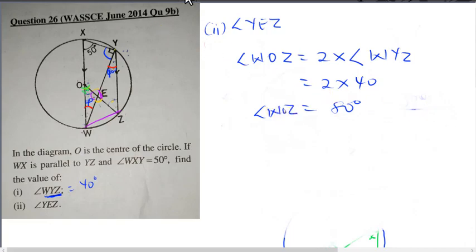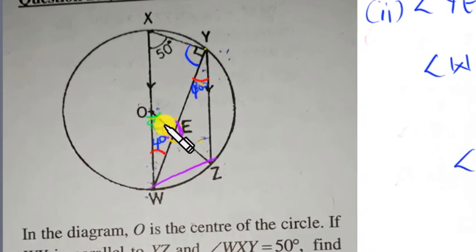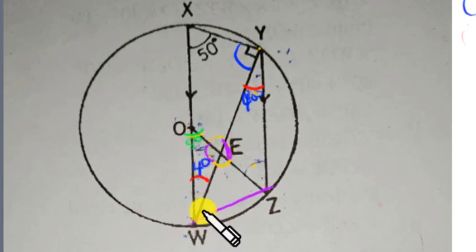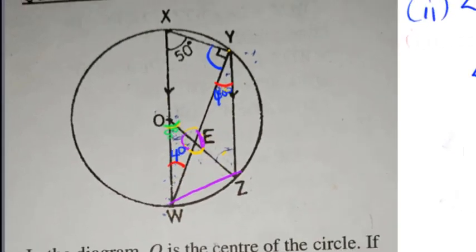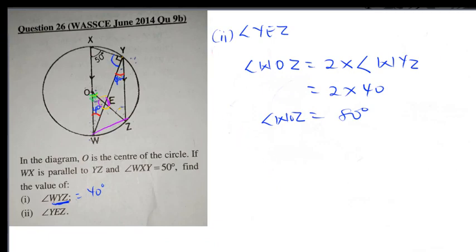So now we know the angle WOZ, which means we can find one of the angles of the triangle OEW. So now we are going to consider this smaller triangle, triangle OEW.